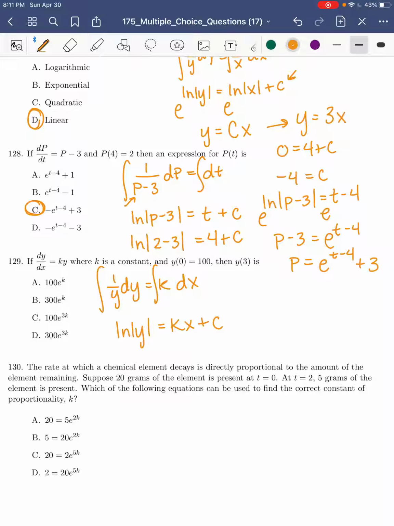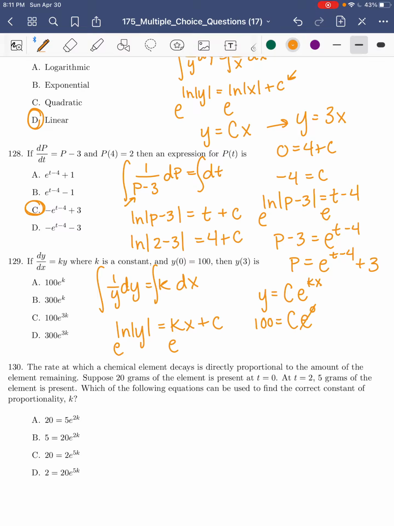Alright, this time our y value is 100, and I don't know what natural log of 100 is, so I'm going to go ahead and e both sides. So I know y equals, I'm going to change this to big C, e to the power of kx. Then I can plug in my values, so I know it's 100 equals c e to the power of 0, which is 1.